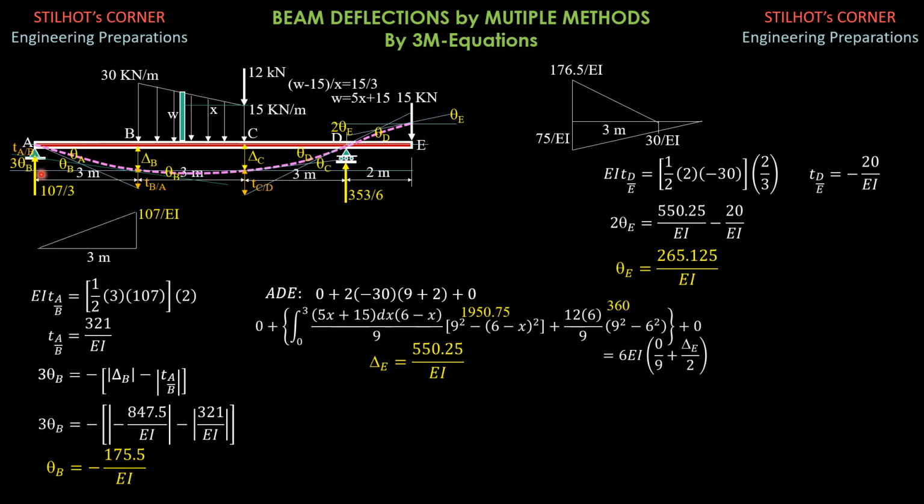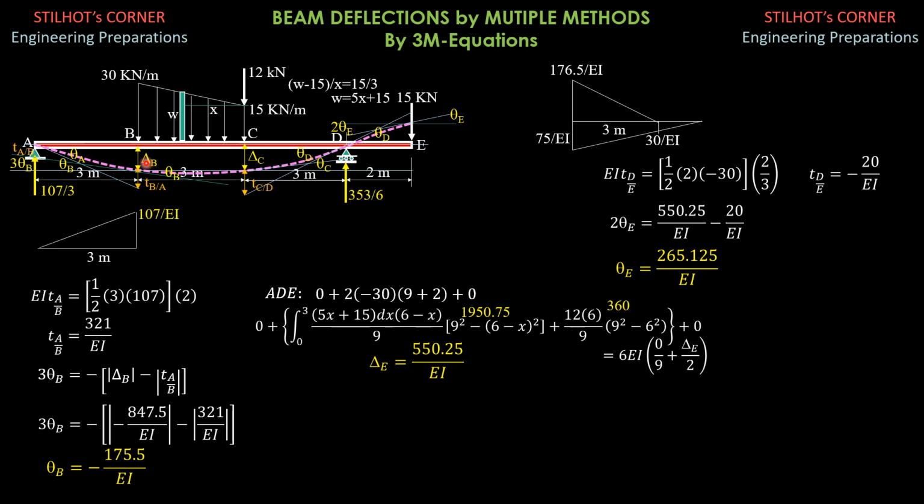So this 3 theta B here is equated to a negative value. And that negative value is the negative of the difference between absolute value of delta B and deviation of A relative to B. So take note that if we treat all this as positive, deviation of A relative to B plus 3 times theta B equals delta B. Therefore, 3 times theta B is delta B minus deviation of A relative to B.